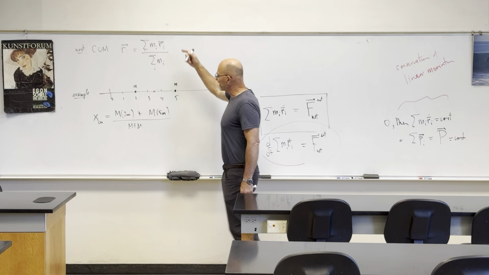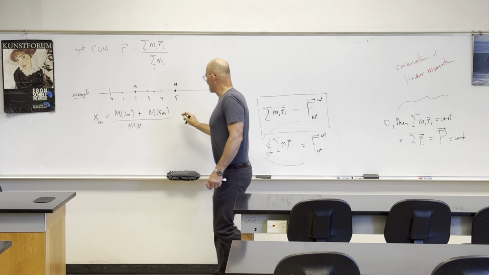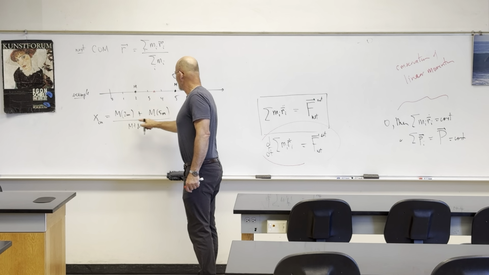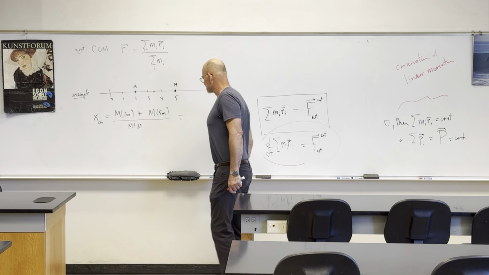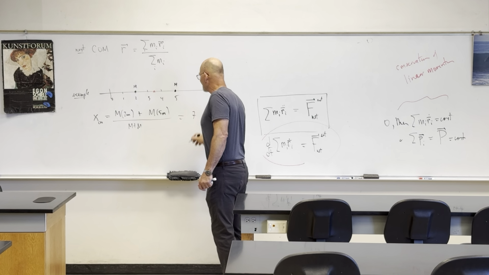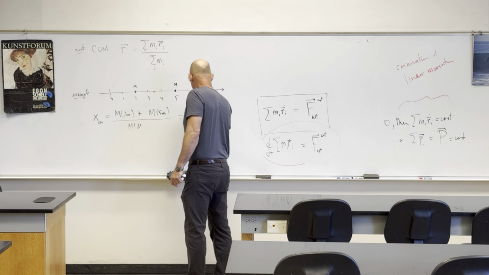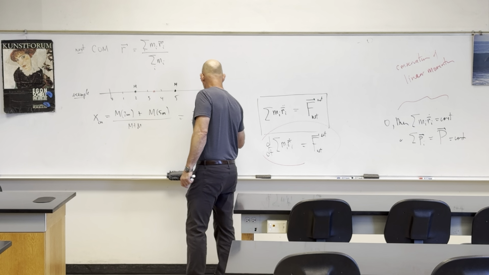So I've just applied this definition. And what do we end up with here? 2, 5, 7 m meters over 2 m. You get 3.5.